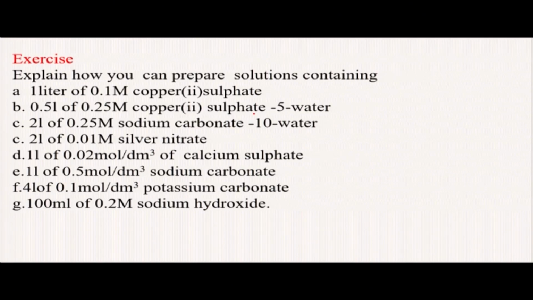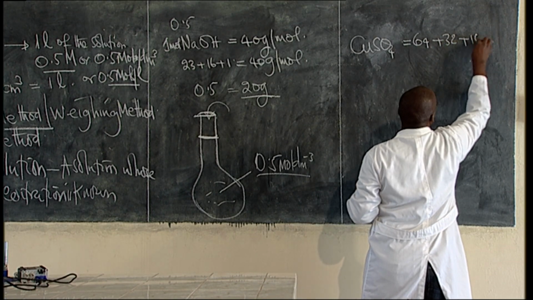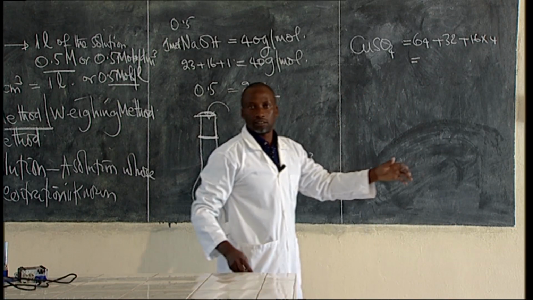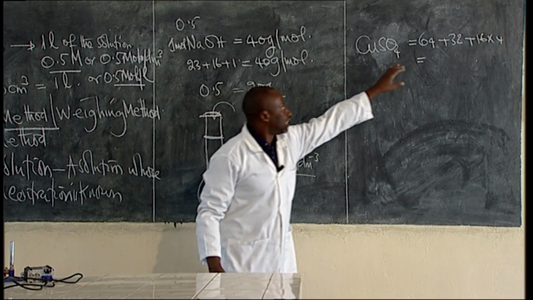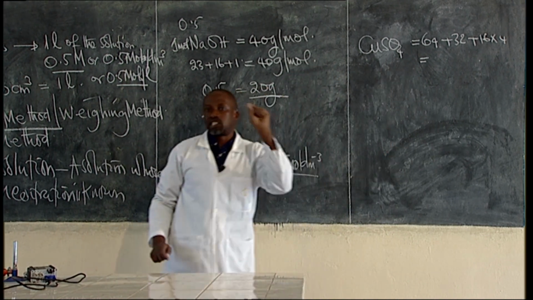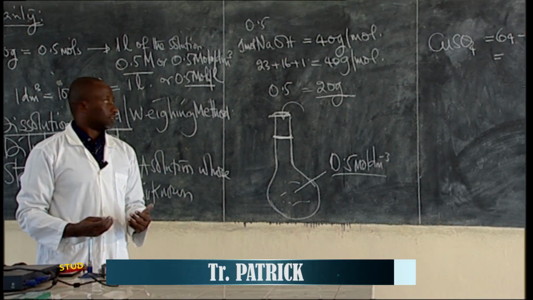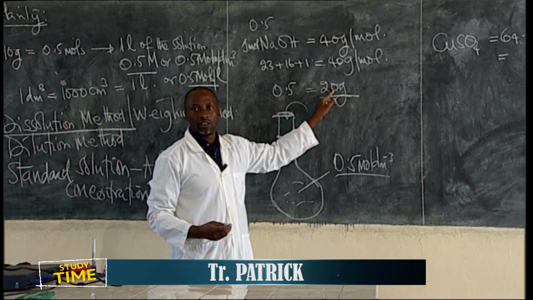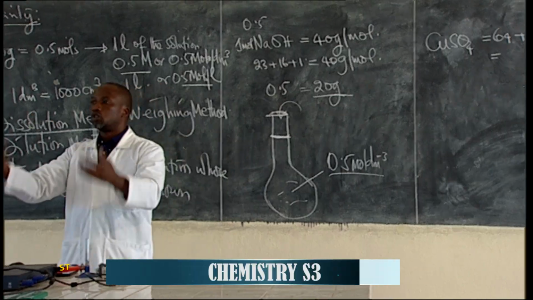Copper is 64 plus 32 plus 16 times 4, and then you get the molar mass in 1 mole. After getting this, you look for 0.1 mole is equivalent to what? As we did here, 0.5 was equivalent to 20. So what will be the mass that you need to dissolve?